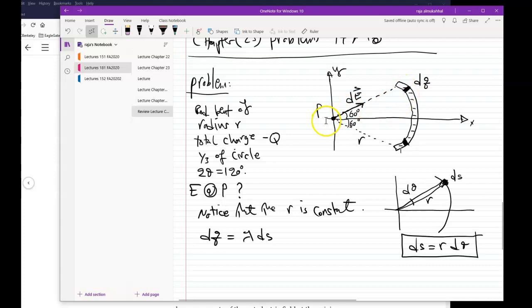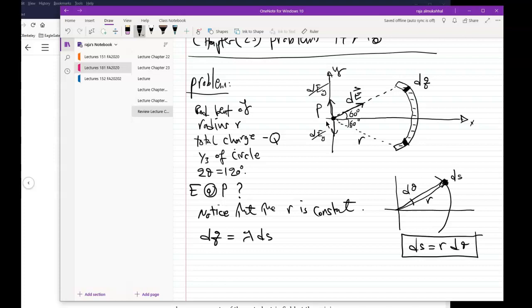In other words, dEy is going to look something like that, and then another dEy is going to look something like that, and they will cancel each other out. So the surviving term really is dEx.